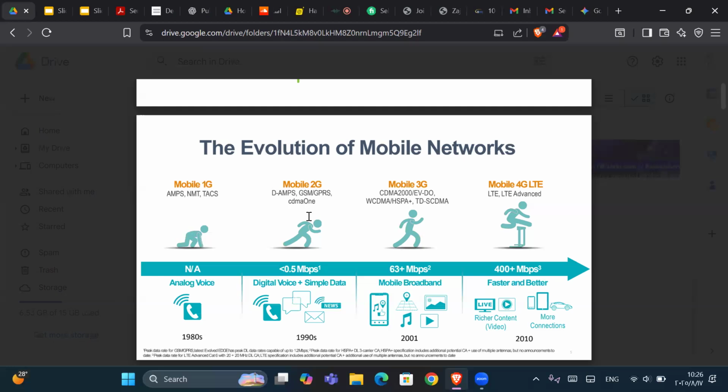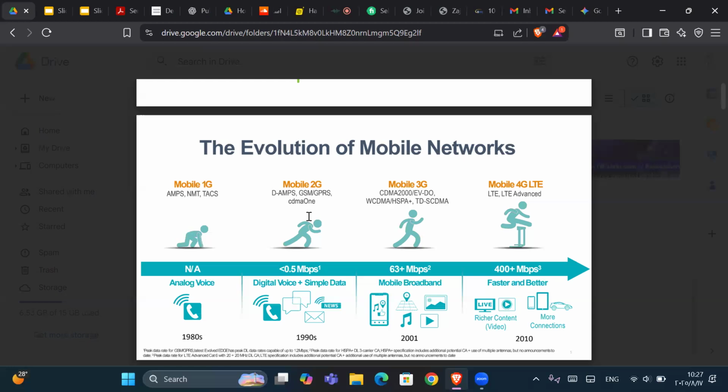After that, in 2001, we had the 3G mobile network, which was able to provide around 63 megabits per second. And the main service was mobile broadband, basically improved internet speed.